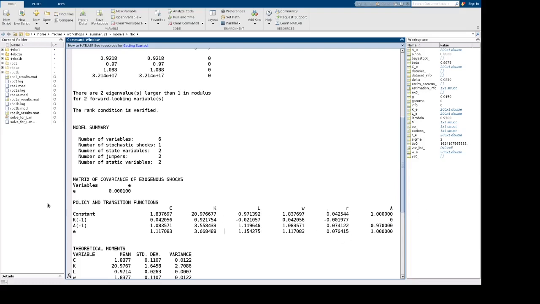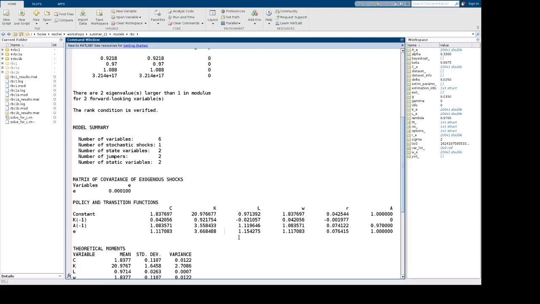Remember that k(-1) here and a(-1) are in fact k(t-1) minus k bar and a(t-1) minus a bar. And because for the exogenous shock, the steady state is zero, it's directly the effect of the shock.